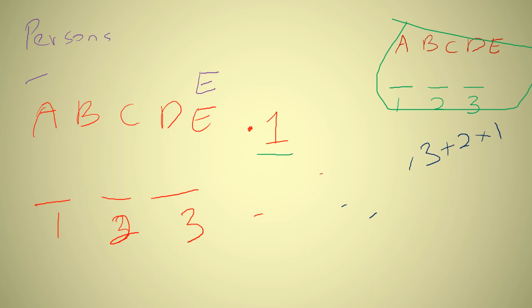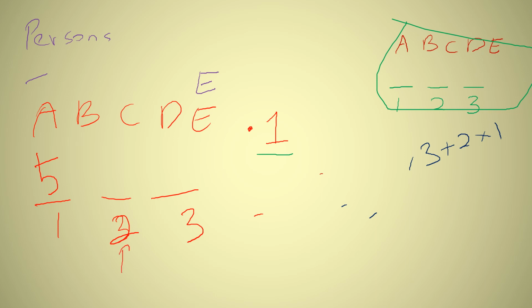If no one has sat down yet, 5 different people could sit in seat 1. For each of these scenarios where 1 person has already sat in seat 1, how many people could sit in seat number 2?